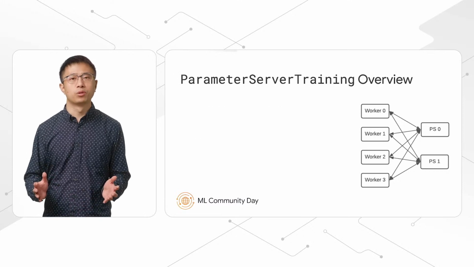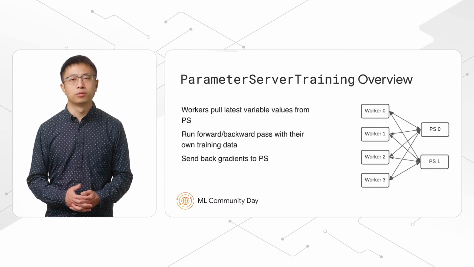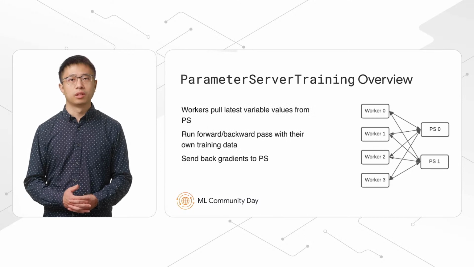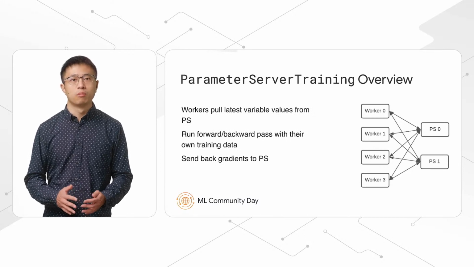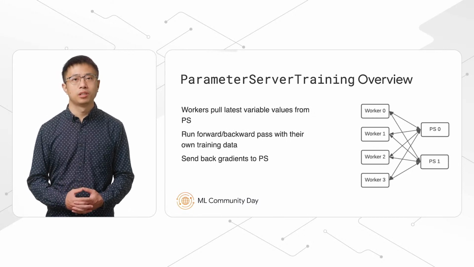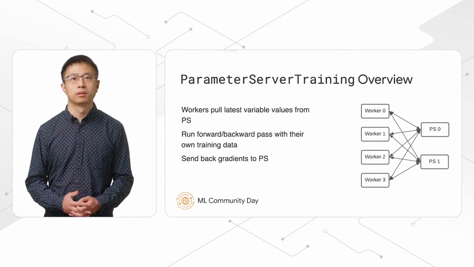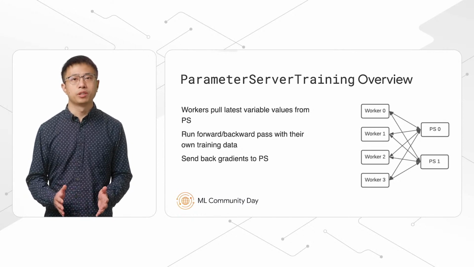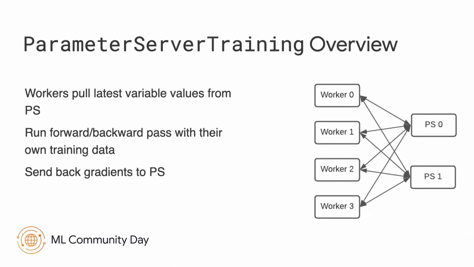So what is parameter server training? In this approach, variables are stored on dedicated servers called parameter servers, shared by all training workers. Most of the computation happens on these workers.